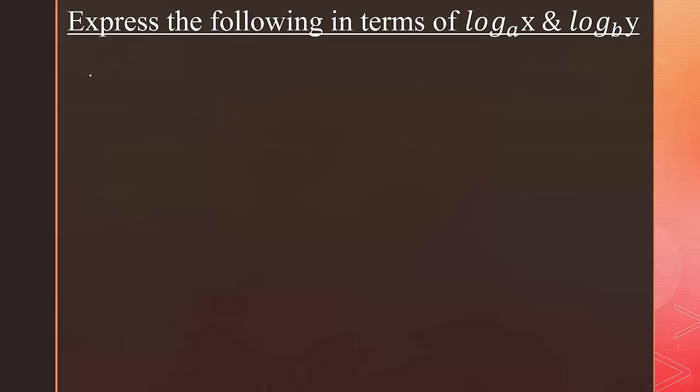The first one is the logarithmic addition identity, and it is given by log m to the base a plus log n to the base a is equal to log mn to the base a. The second rule is log m to the base a minus log n to the base a gives log of m over n to the base a, and this is called the logarithmic subtraction identity.